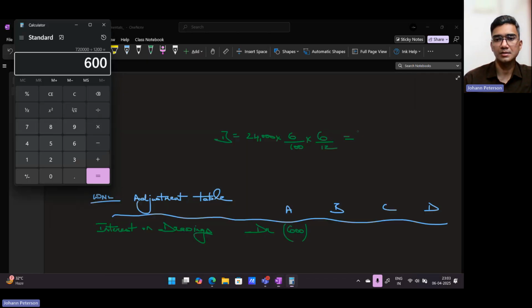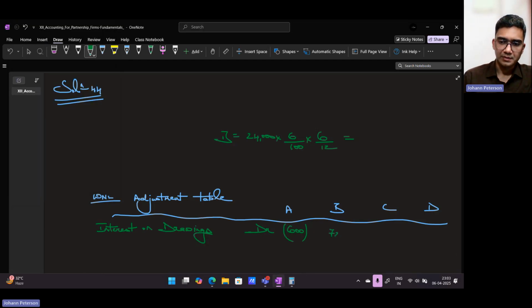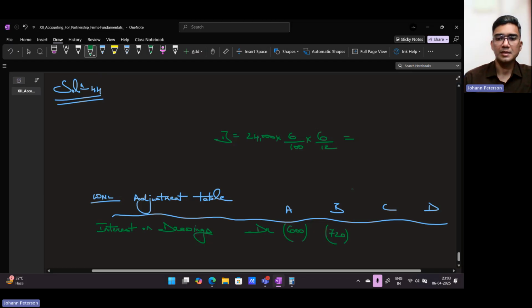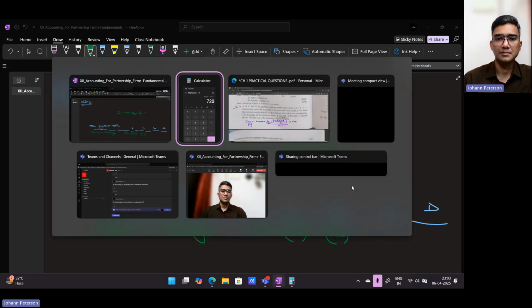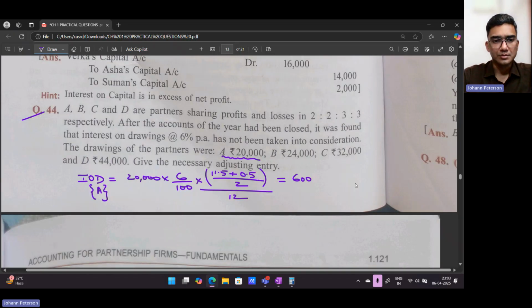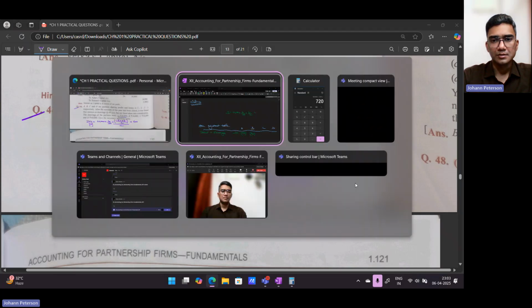So let's multiply this now. 24,000 into 36 divided by 1200, which is 720. I'm just directly writing it here. 720. Then the next is 32,000 and the last is 44,000.